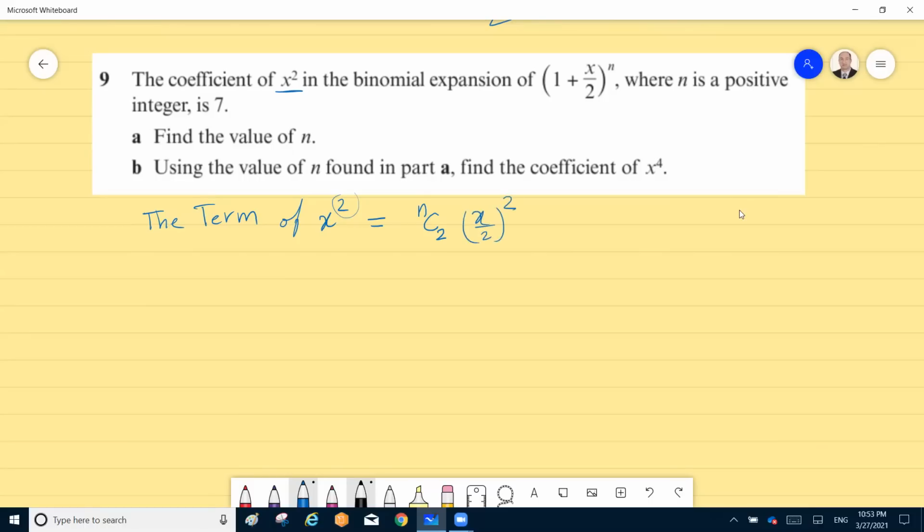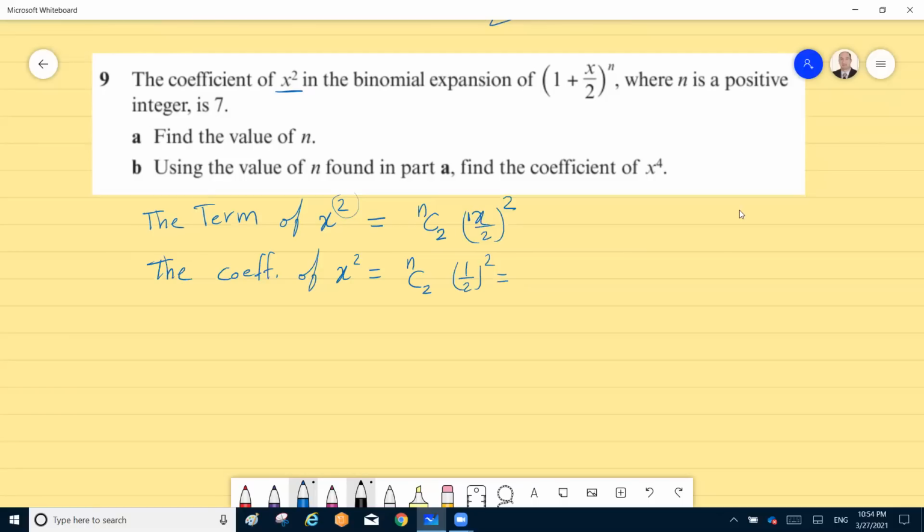This is the term. For the coefficient of x squared, just remove x and put 1, so don't forget you have 1 here. So nC2 times 1 over 2 squared.